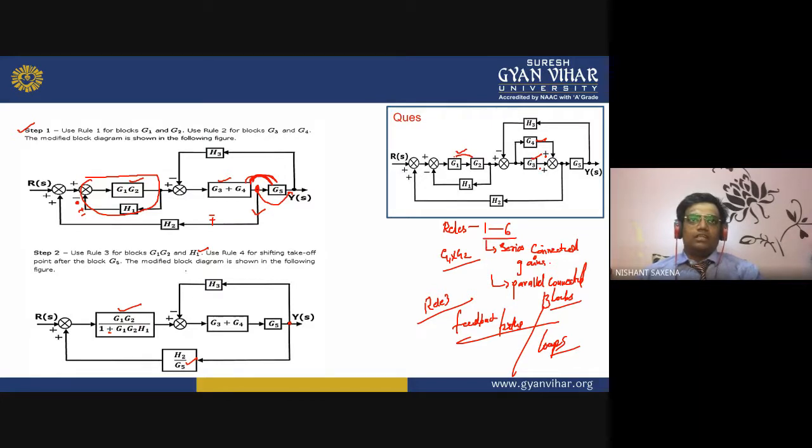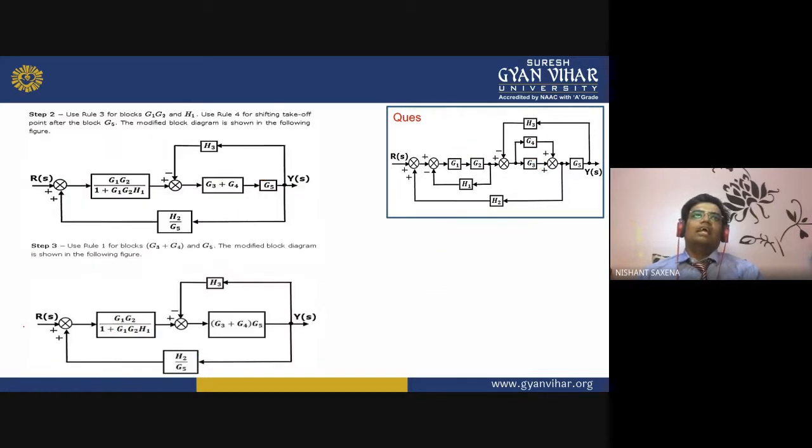In step 2, what we have applied? We have applied rule number 3 and rule number 4. Now, in the next step, we have seen step number 2. I have repeated it for reference, and the question is also repeated for your reference. Step number 3.